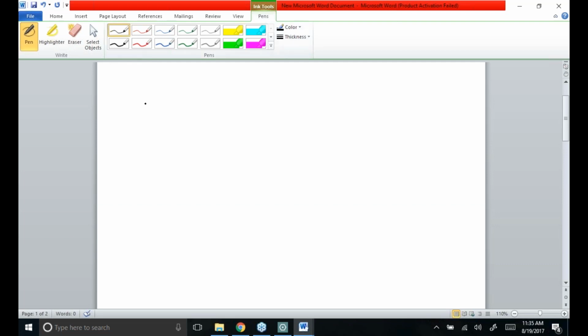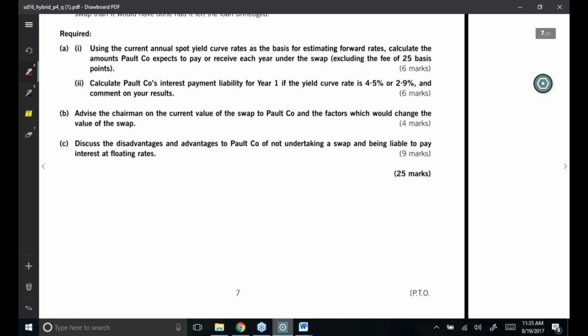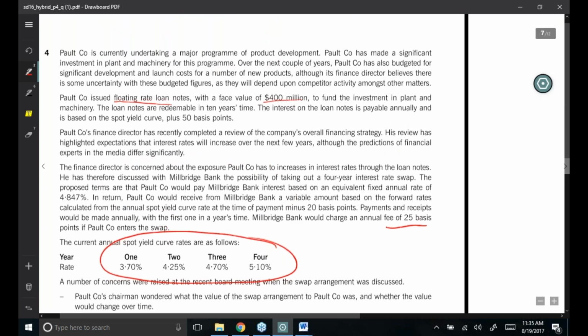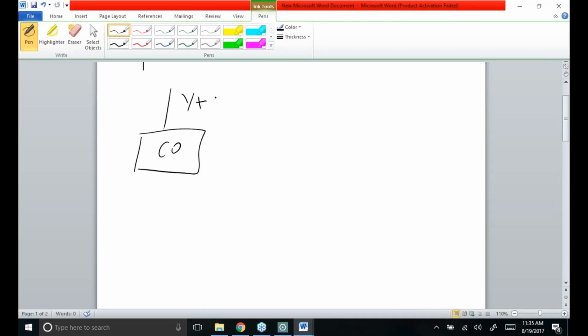This is your company, you have taken a variable rate loan at yield plus 50 basis points, and you want to cancel this exposure. You want to shift your exposure.